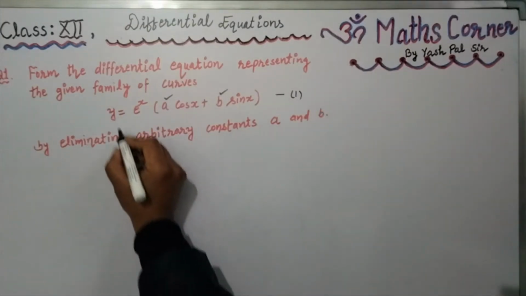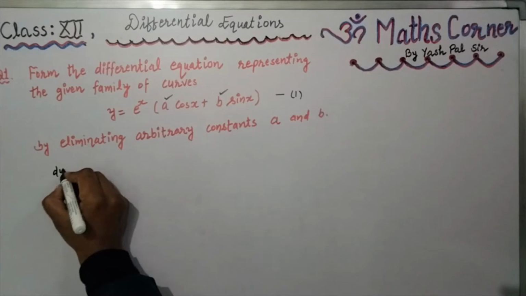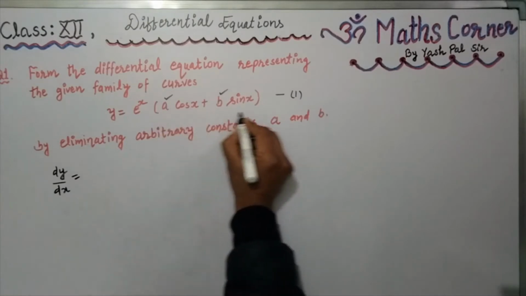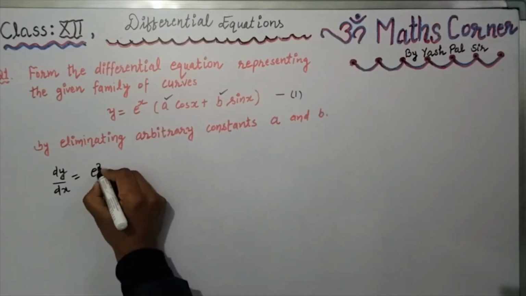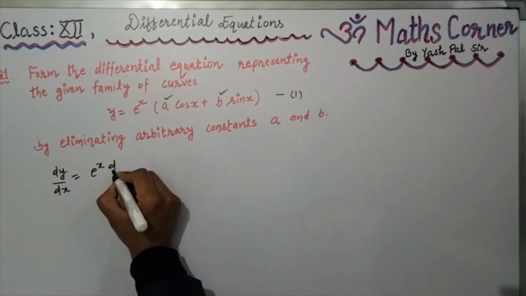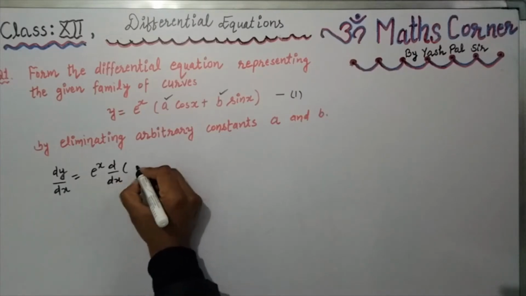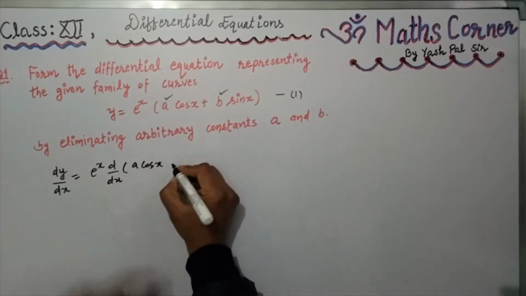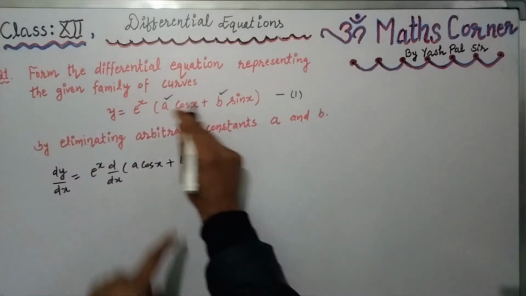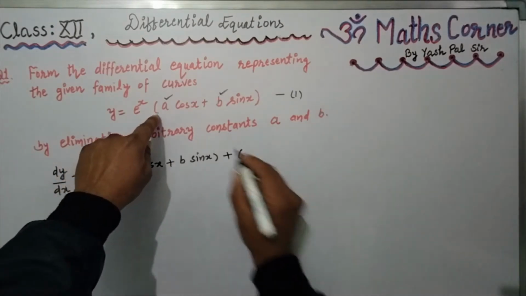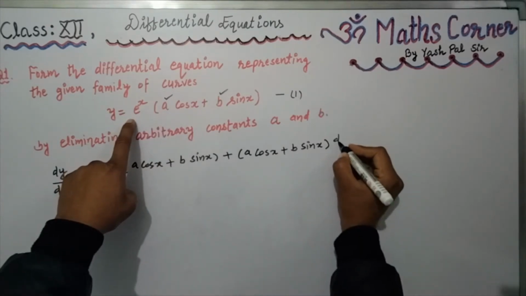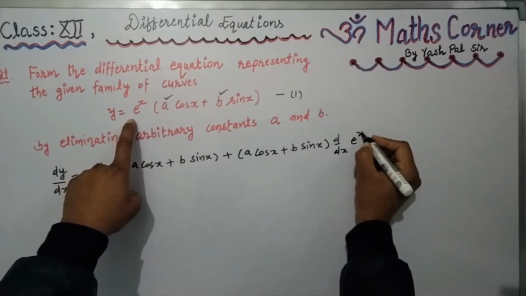Now what we do, we differentiate the first time. So we have dy/dx, that is, suppose this is the first function and this whole is the second function. e raised to power x, first function as it is, derivative of second function, so we can write one time derivative of a cos x plus b sin x, plus second function as it is, that is the whole bracket as it is, into derivative of first function, that is e raised to power x.